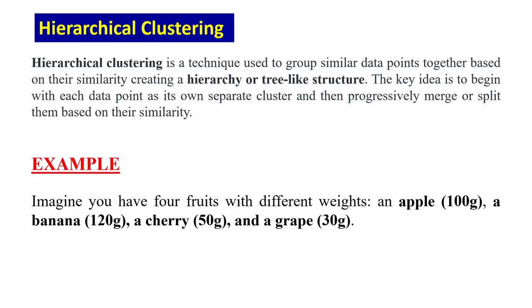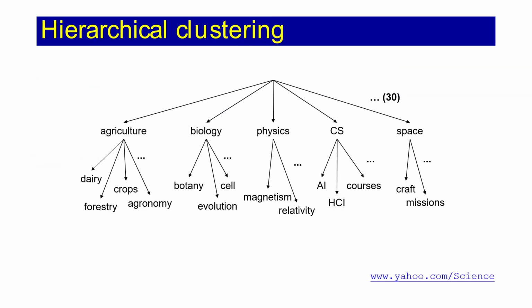Can you imagine there are fruits of different types: apple, banana, cherry and grapes. We can make them a hierarchy or separate groups, or we can group them by grams or weights also.